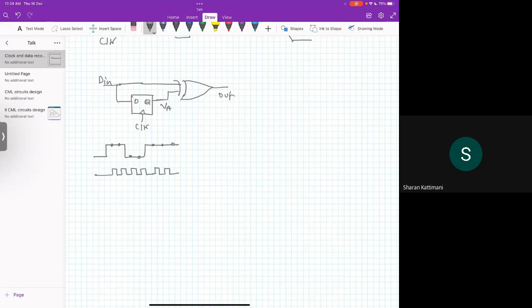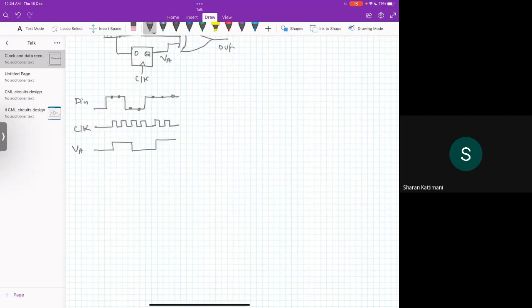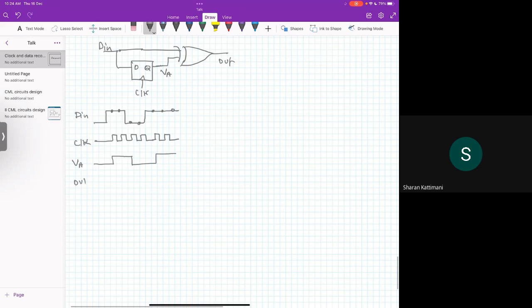So Dn, and this is the clock. If this is VA, then the out will be something like this.